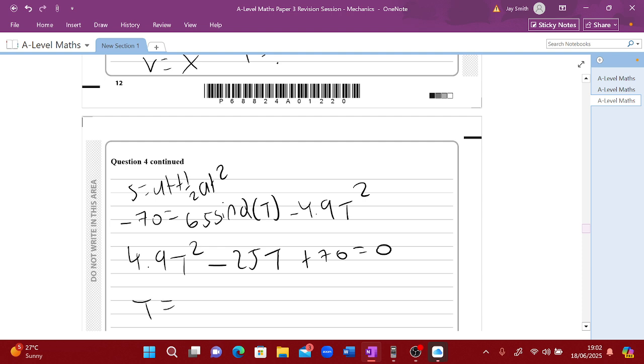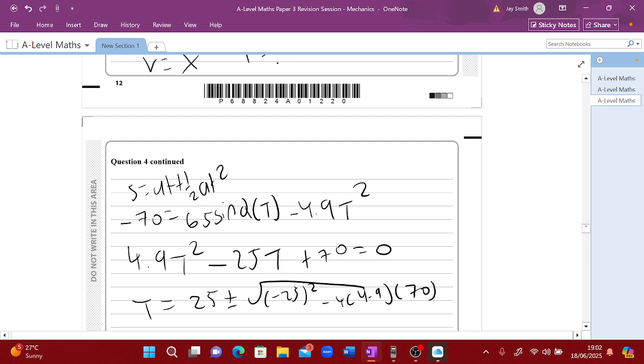Again, you can use a quadratic solver in your calculator, but if you want to show your working, just quickly jot down the quadratic formula instead of using the solver. So t would equal minus b plus or minus the square root of minus 25 squared minus 4 of 4.9, 70.